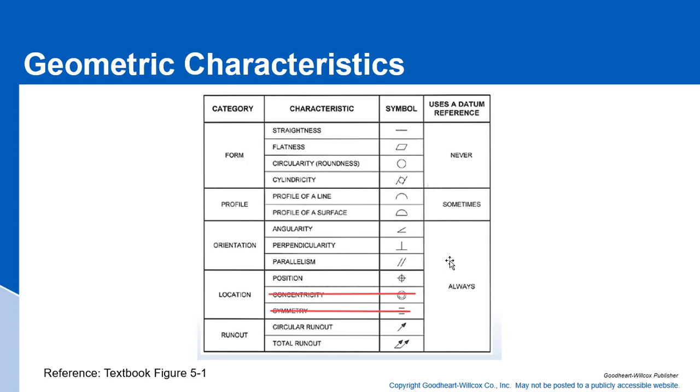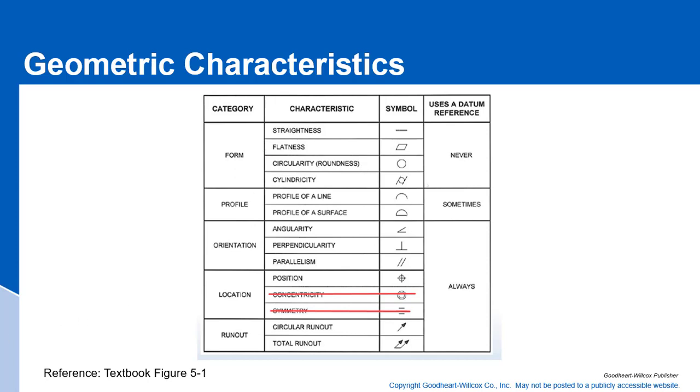It's one of the simpler types of tolerances to construct, so we're going to start there. And then as the class progresses, we're going to talk about profile tolerances, orientation tolerances, positional tolerances, and then finally runout tolerances.